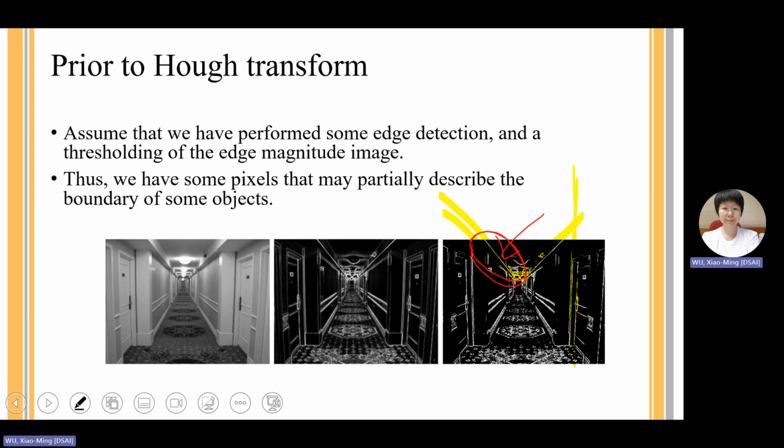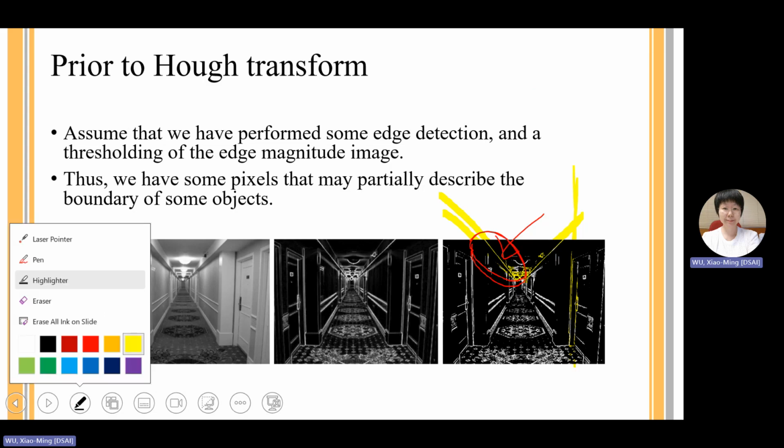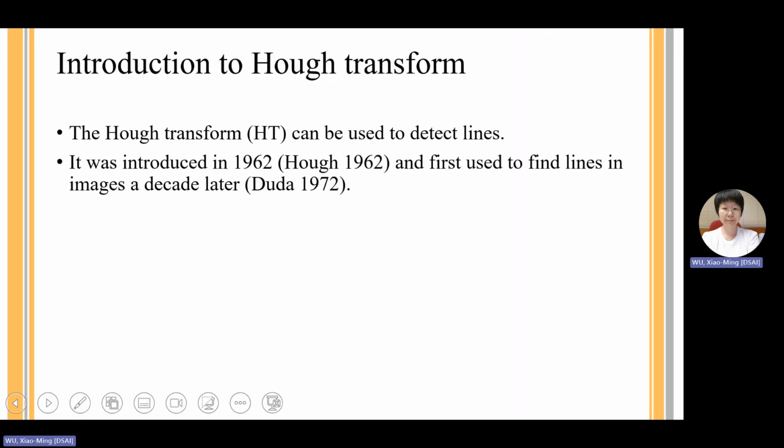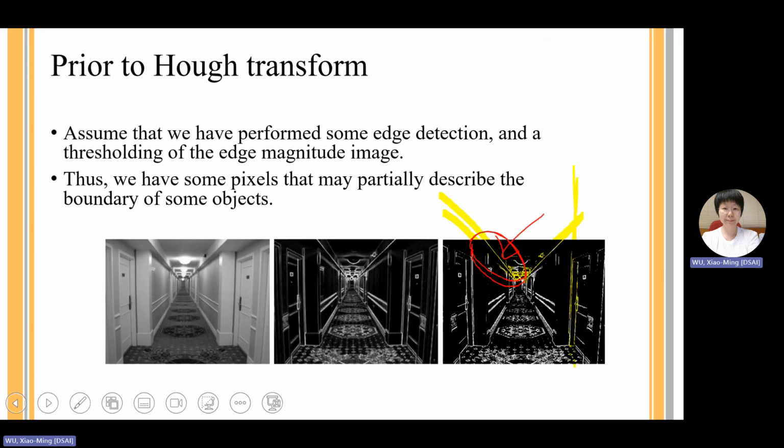We need to identify which pixels belong to a specific line. And meanwhile, we need to figure out the equation of this line, the parameters, the slope and the intercept of this line.